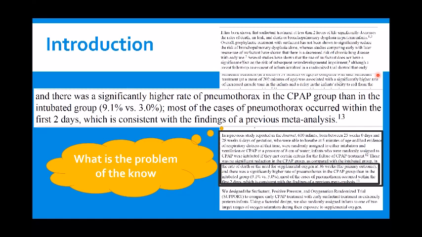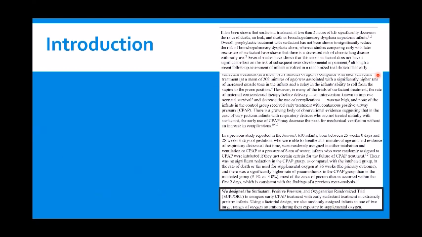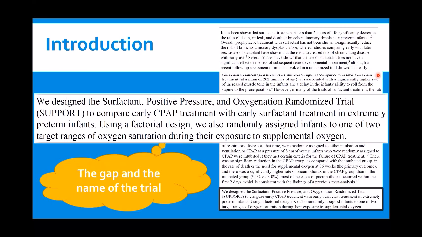So they speak now about what the problem of the known is. They're trying to say what is really unknown here. What is the problem of the known? And then they state how they can fix that unknown to bridge it to the known, or they call it the gap, or what they want to do to achieve linking the known to the unknown.